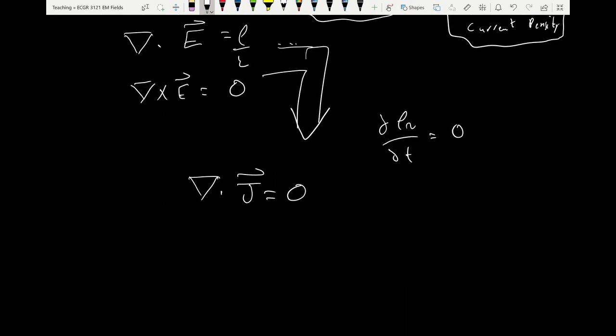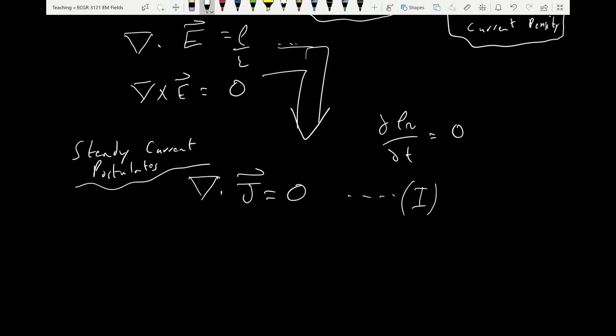This is the first postulate, modeled on the first postulate of electrostatics. This new thing J represents a steady current. So these are the steady current postulates.